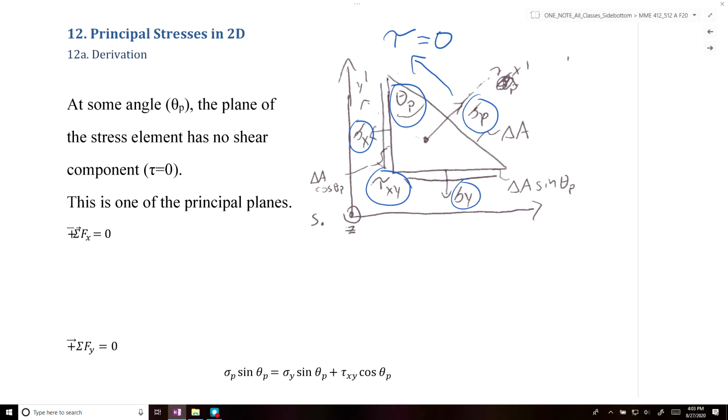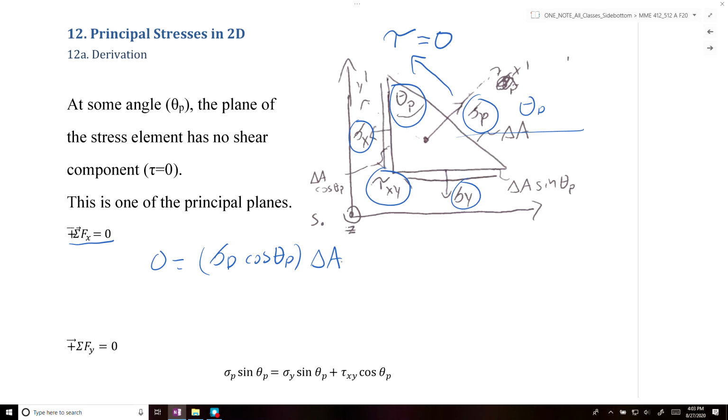Just like we did in the last lecture, we're going to sum all the forces along the x direction and set them equal to 0. We take the stress along the principal axis, sigma p times cosine theta p times delta A. That gets us a total force due to the stress along the hypotenuse of this element.